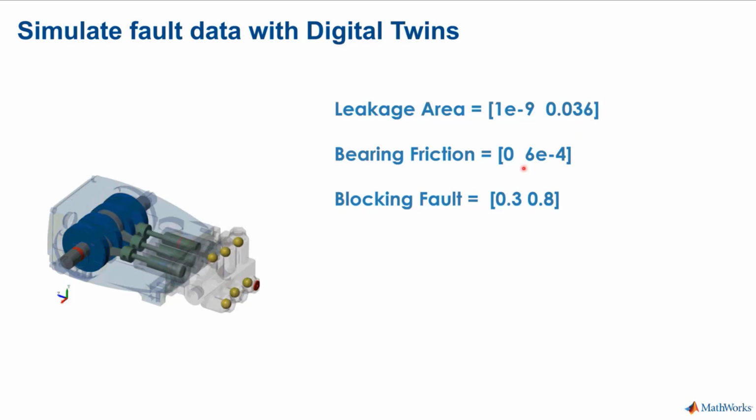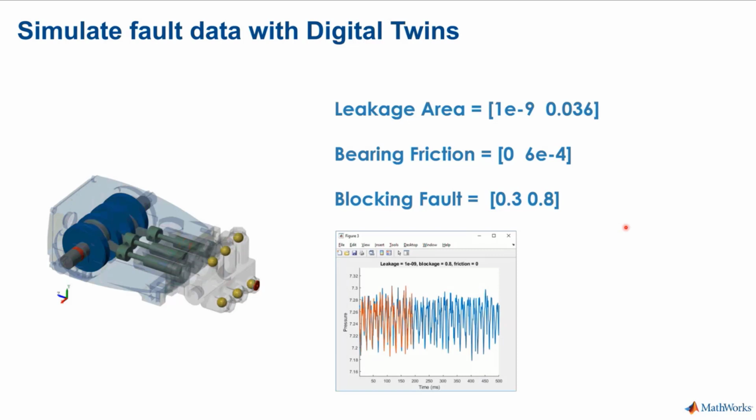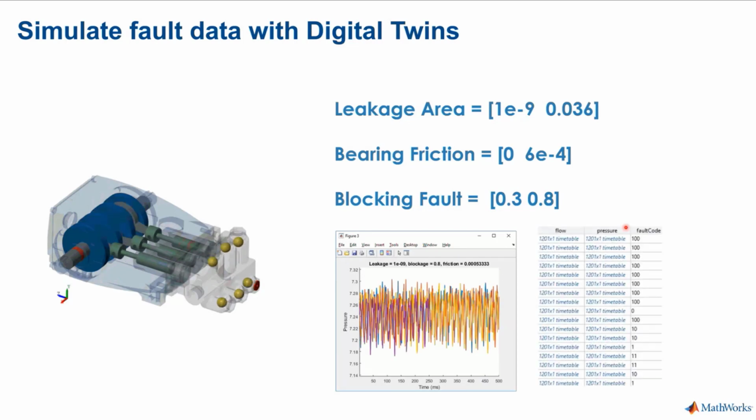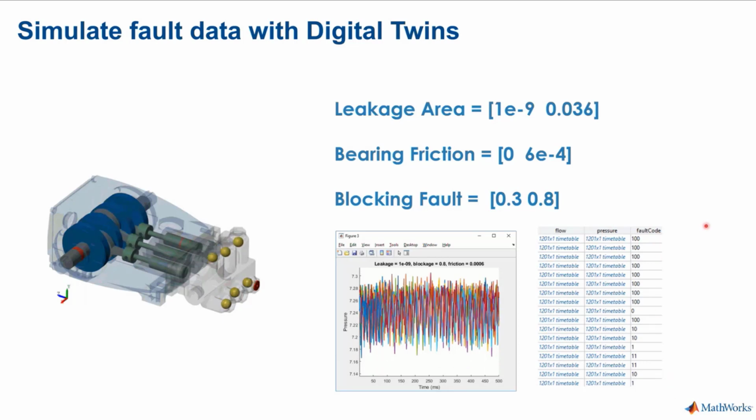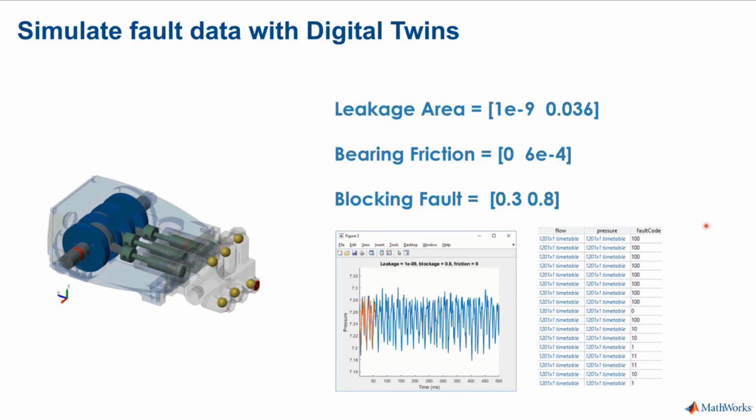Or the bearing friction. So with a high friction, you get a fault, like a friction fault, or also by varying the blocking parameters, you have different faults there. And here you can see how the output pressure then depends on these input parameters from the simulation. So like that, you will get a large data set with flows and pressures and the corresponding fault code. So you could, in the end, use that to train an AI model that can predict fault codes based on the measured data.